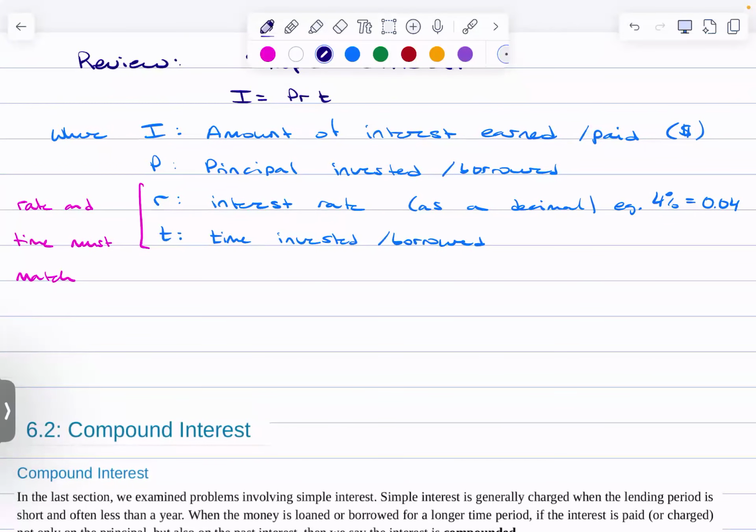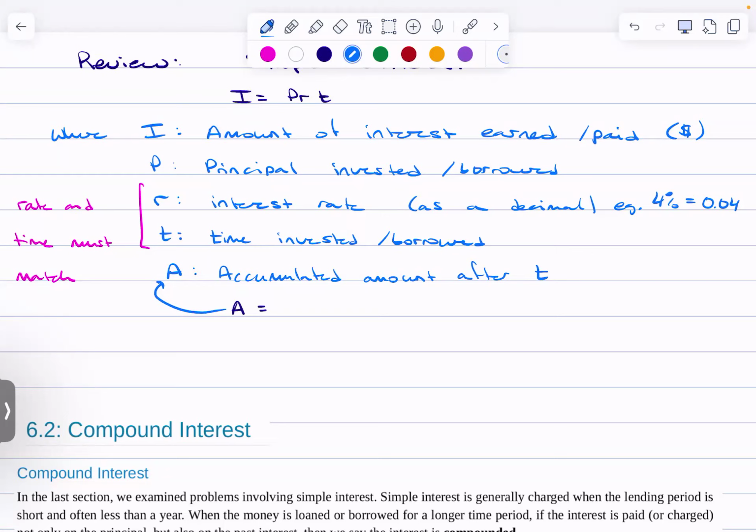The next formula we introduced was A. Because it uses PRT, just like earlier, I'm going to put A up here with an arrow so we can define them all in the same space because they use the same values. A is the accumulated amount after T, where T is however long you've invested or borrowed your money for.